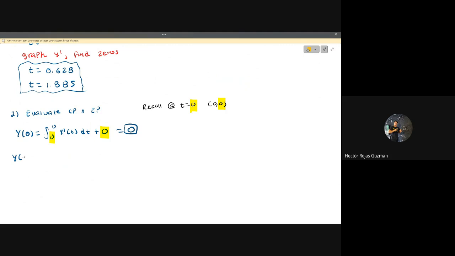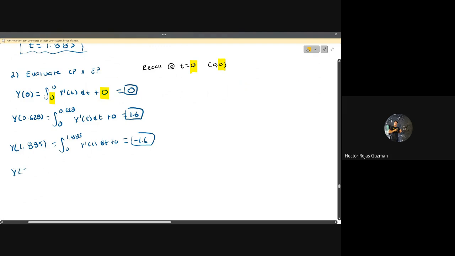Now the critical point, 0.628, is going to be the integral from 0 to 0.628 of y prime of t dt plus 0, and that gives us 1.6. The next critical point gives us negative 1.6.